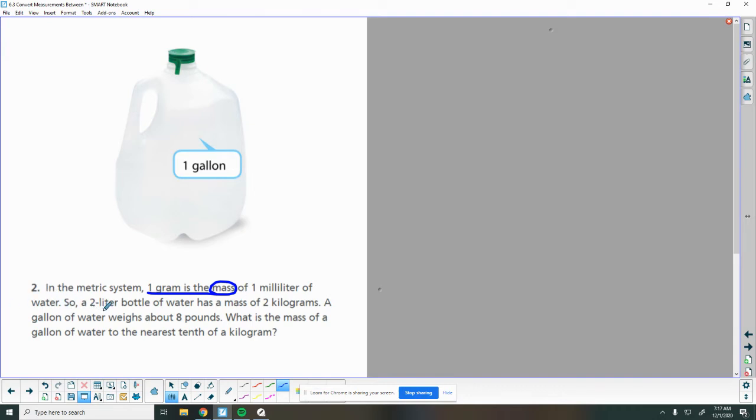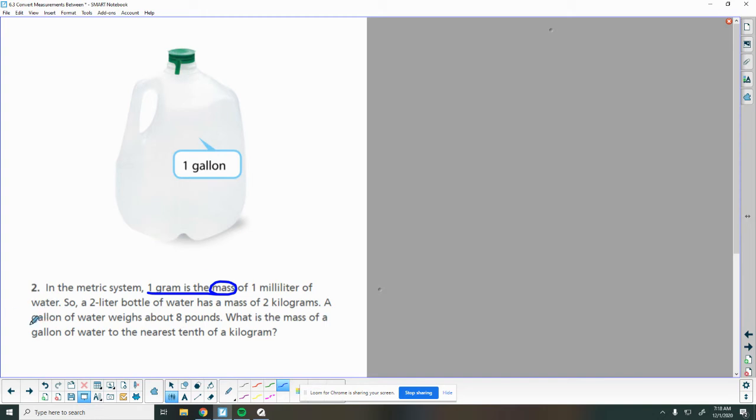So a 2-liter bottle of water has a mass of 2 kilograms. So 2 liters weighs 2 kilograms. So every time you have 1 milliliter, it weighs 1 gram. See, theirs just works so nicely together. 1 equals 1. So if you have 2, it equals 2.